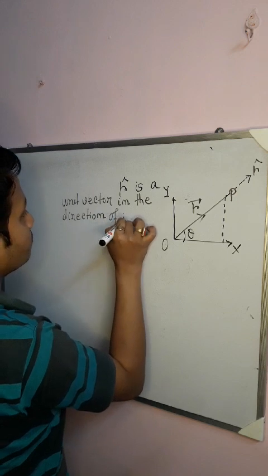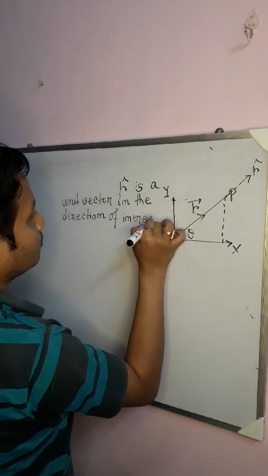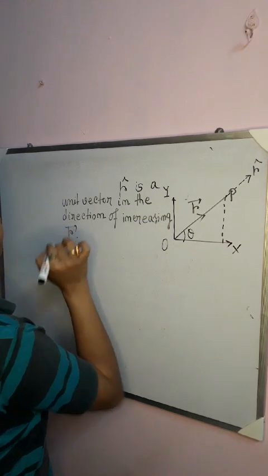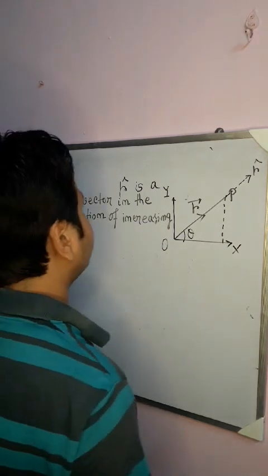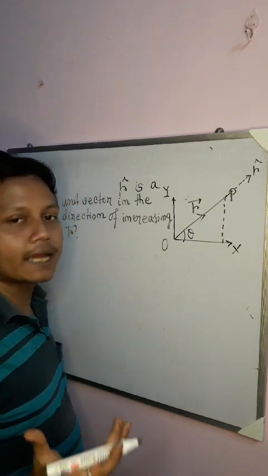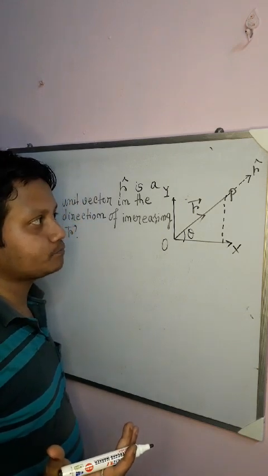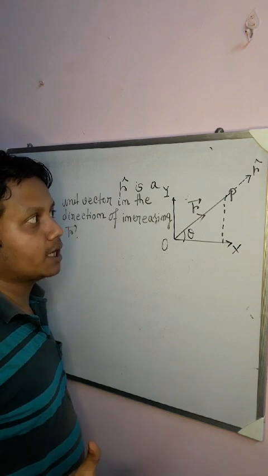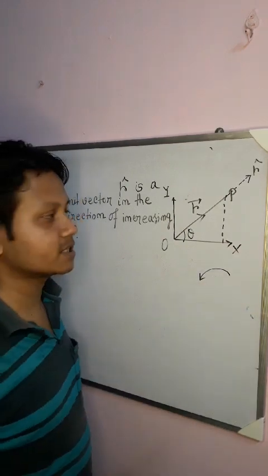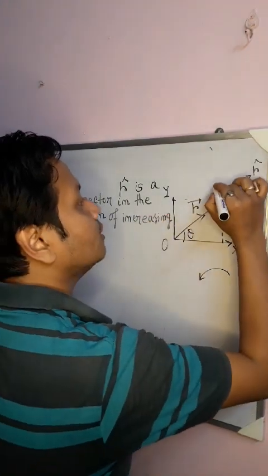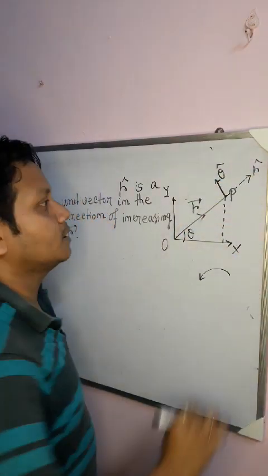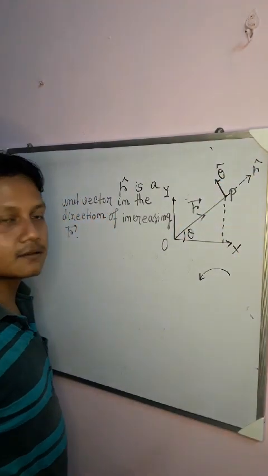Similarly we introduce another unit vector, theta cap, along the direction of increasing theta. Theta increases in the anti-clockwise direction, so we take theta cap in this direction.